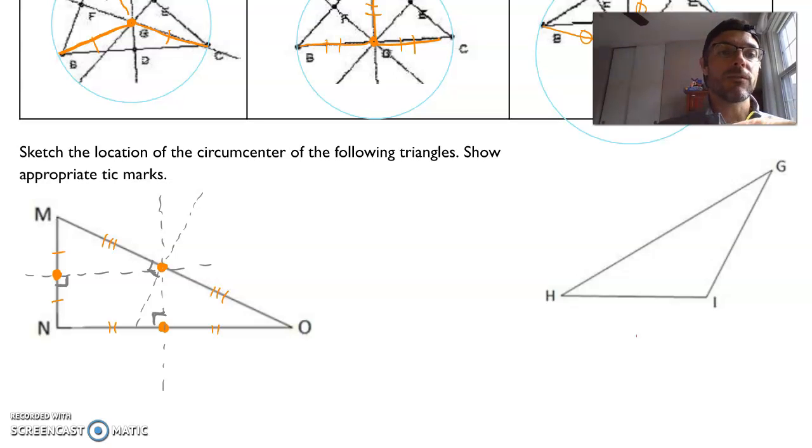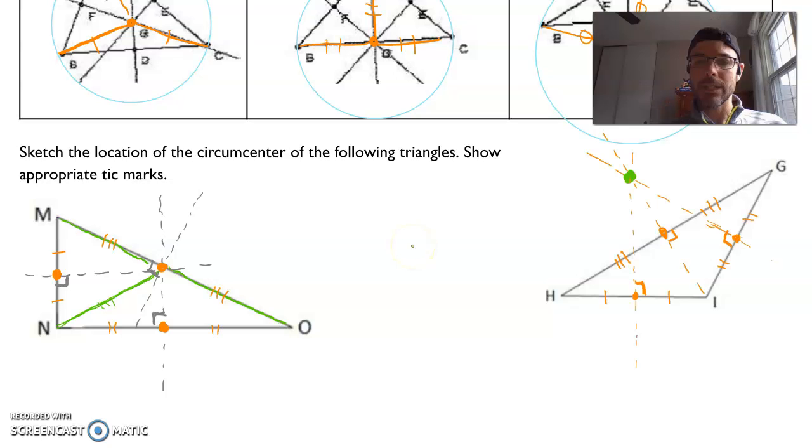In this case, if I sketched here to here, it happens to be a median, but it's also going to be congruent to these two segments here and here because those are equidistant. Press pause and see if you can sketch where the circumcenter would be with triangle GHI.